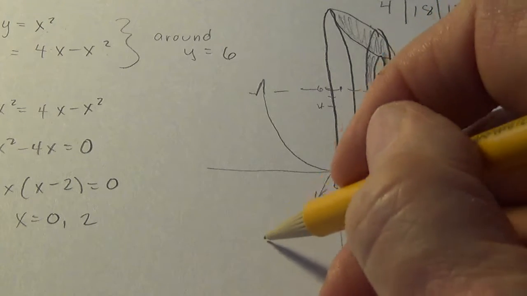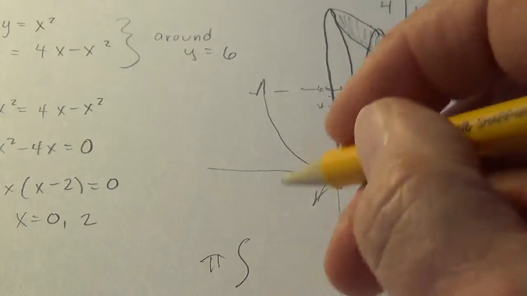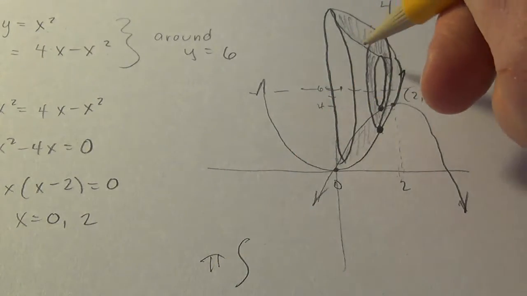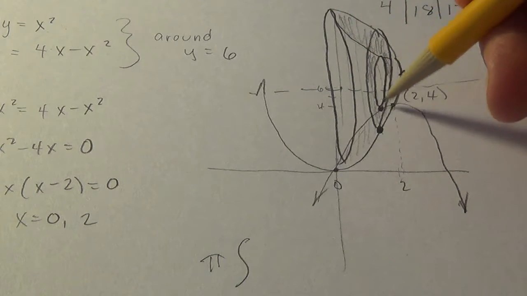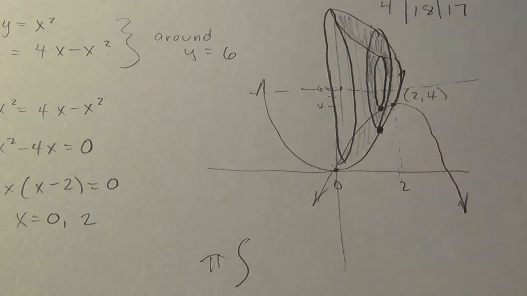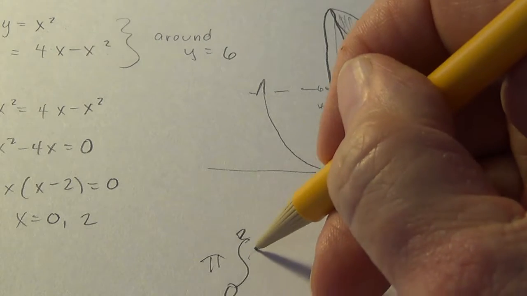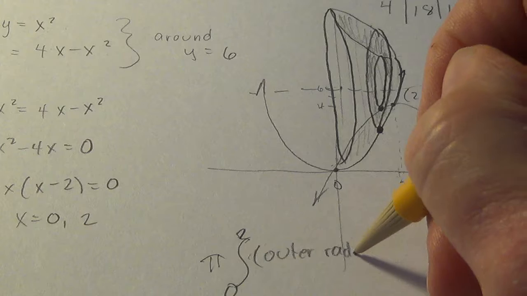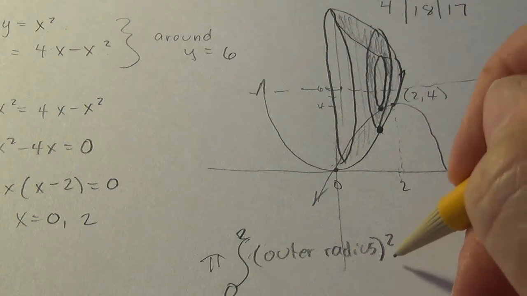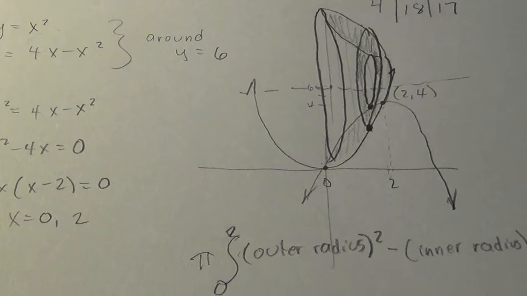I do that by doing the integral of pi times, these are going to stack up across from here all the way across, so this is going from x equals 0 to x equals 2, outer radius squared minus inner radius squared.